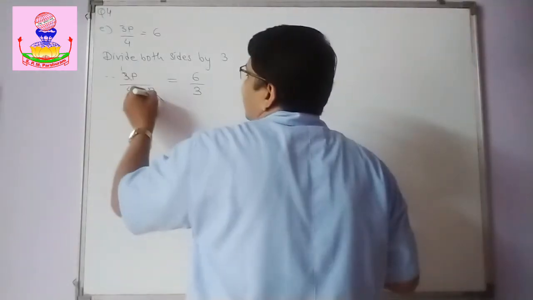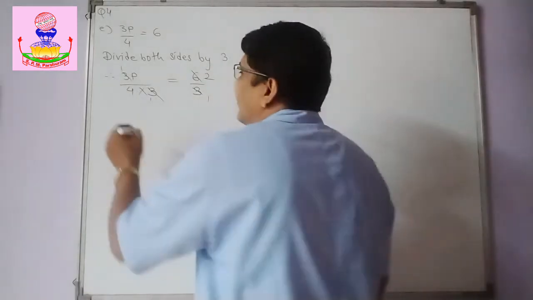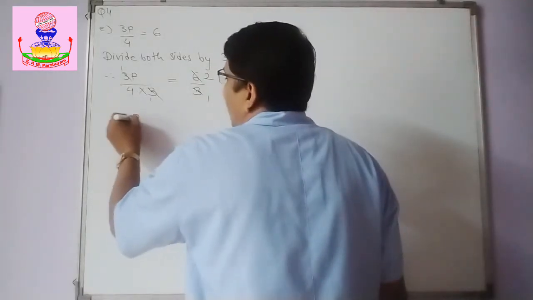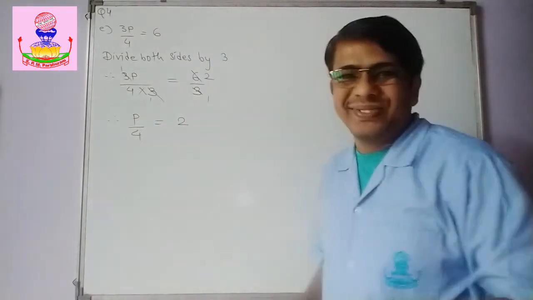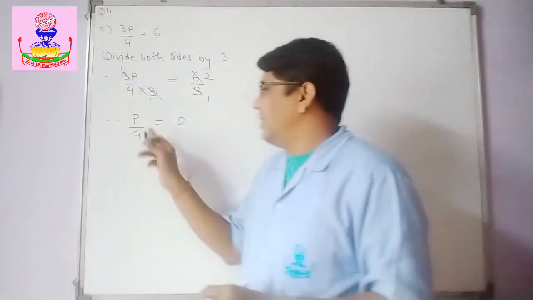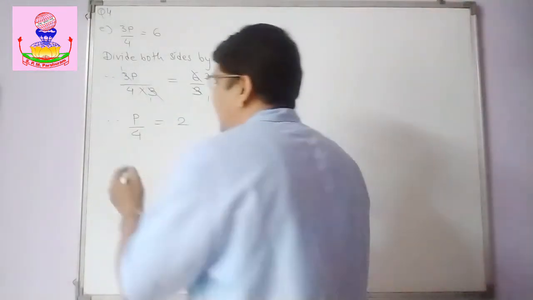So 3 ones are 3. And here 3 ones are 3, 3 twos are 6. Okay. So therefore P upon 4, don't forget that 4, is equal to 2. अभी इसको भगाना है कैसे? Here it is division. Opposite of division, yes, multiplication.